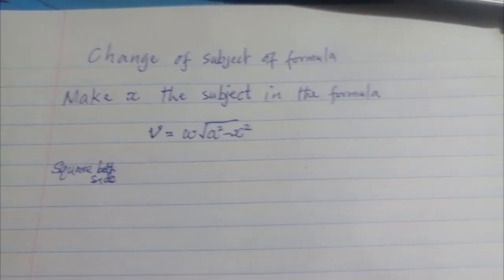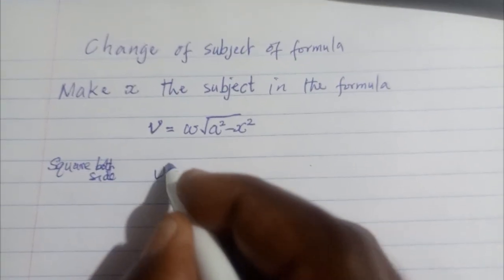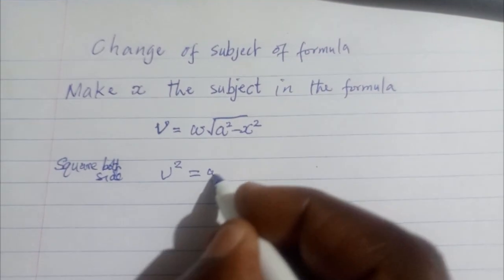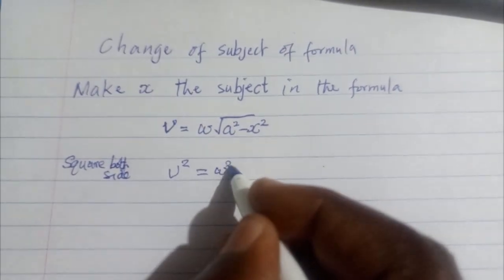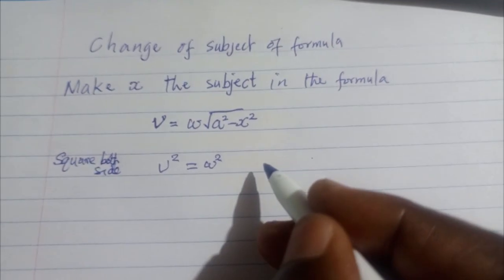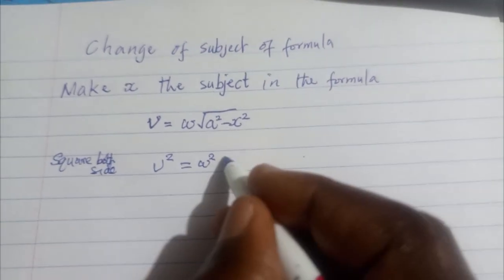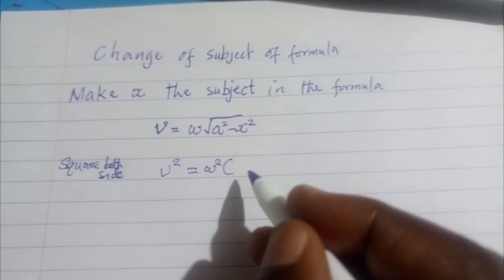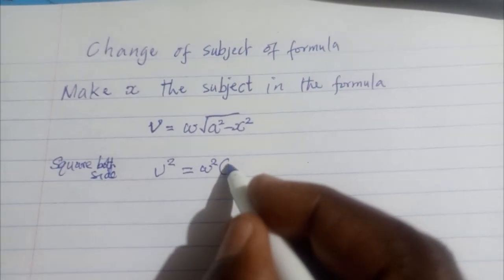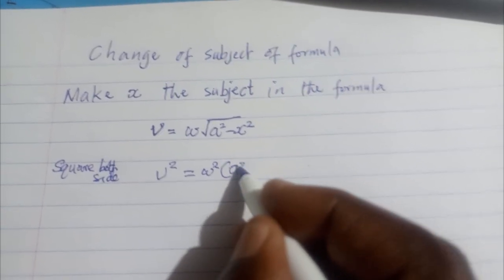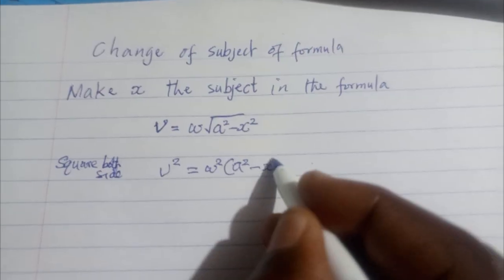By squaring both sides. So we have v squared is equal to omega. That letter is a Greek letter called omega squared. Then when we square, what is under the root disappears, the root sign disappears, and we have a squared minus x squared.